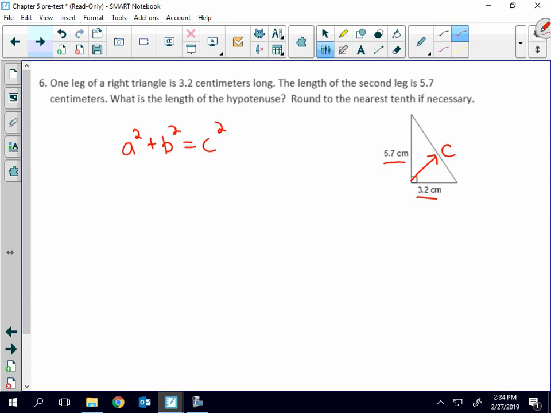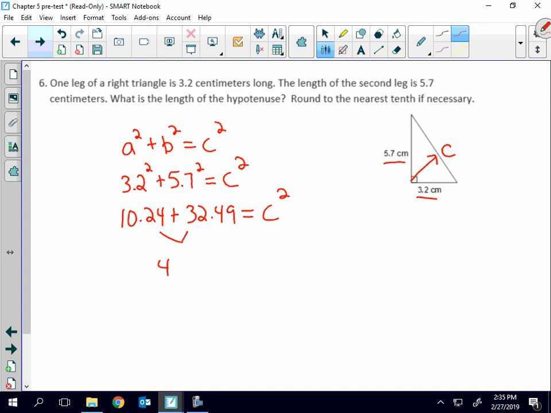I'm going to start with the smallest one: 3.2 squared plus 5.7 squared will equal c squared. All right, and 3.2 squared, that's 3.2 times 3.2, is 10.24. 5.7 squared gives me 32.49, which will equal c squared. Add these up.